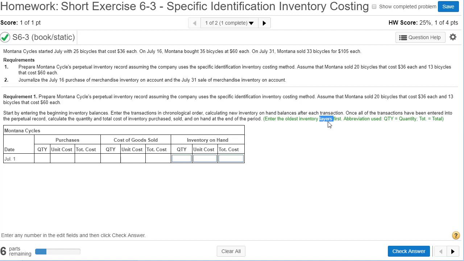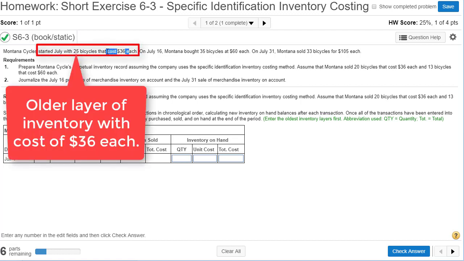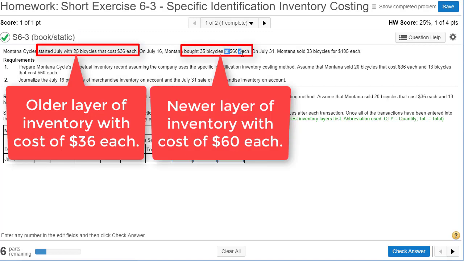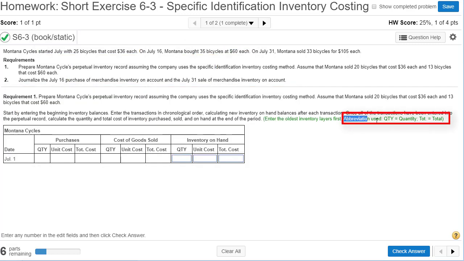Now, when they're talking about inventory layers, they mean different costs. So if we bought some inventory at $36, and then later we bought some at $60 each, those are 2 different layers or 2 different costs for the inventory. Abbreviations used: QTY is quantity, TOT is total.